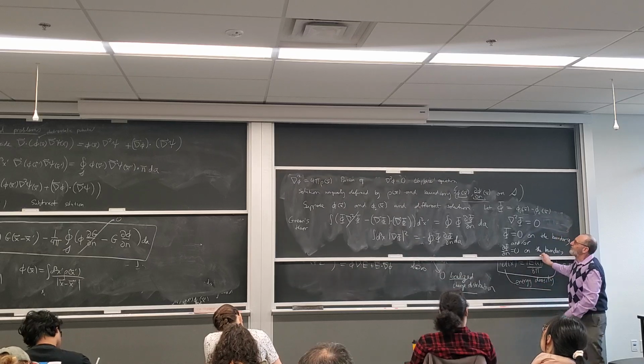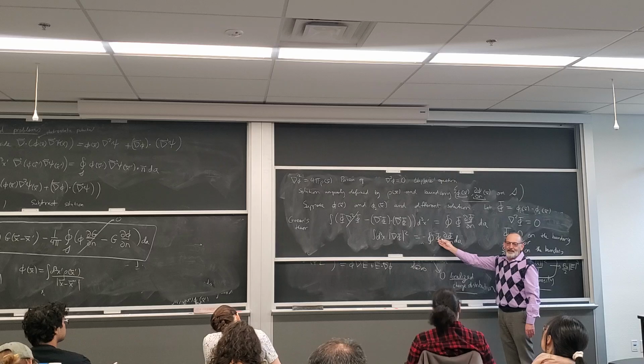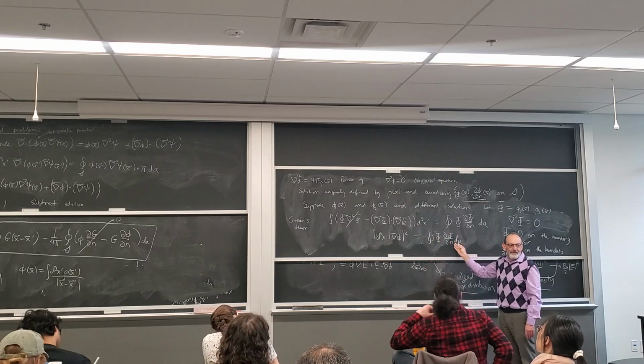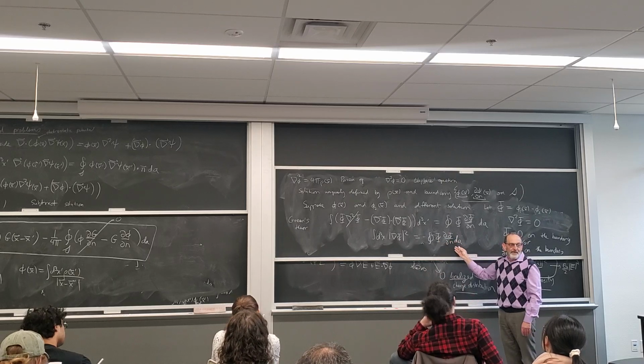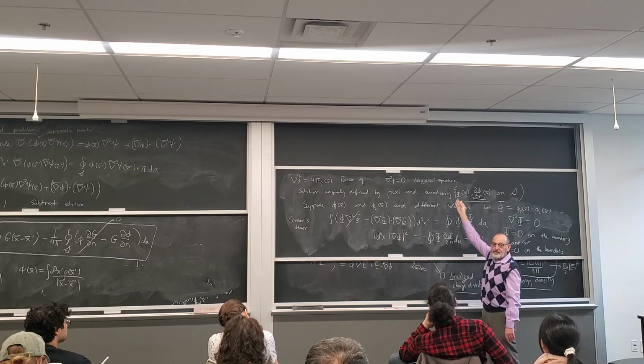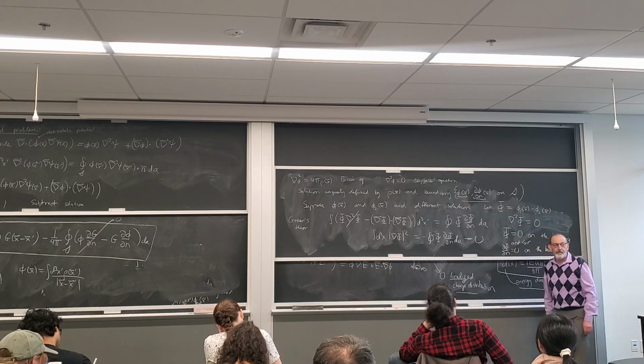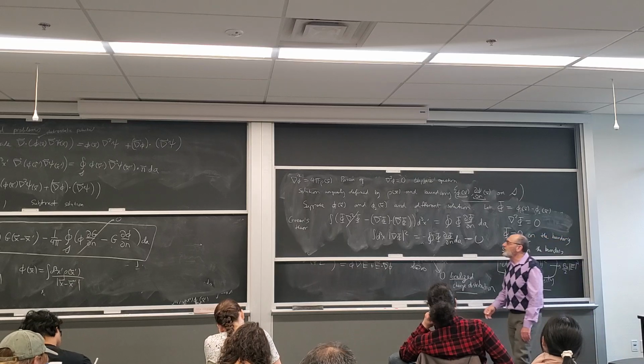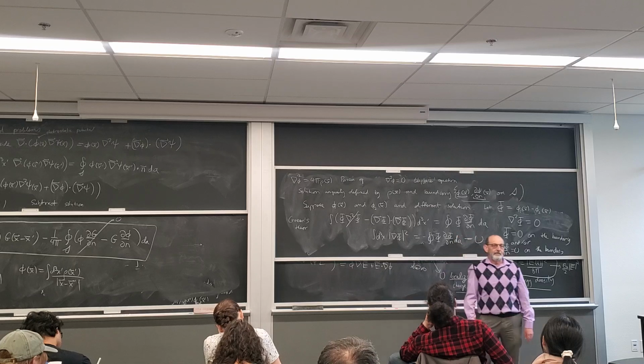Okay? And so either this is 0 or this is 0, or they're both 0, which means this has to be 0 for a fixed boundary condition. So what does that tell me about this?